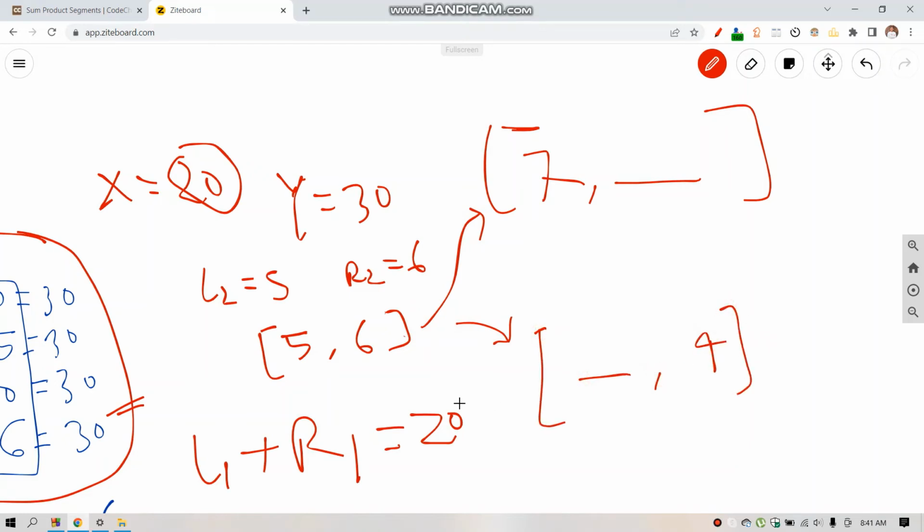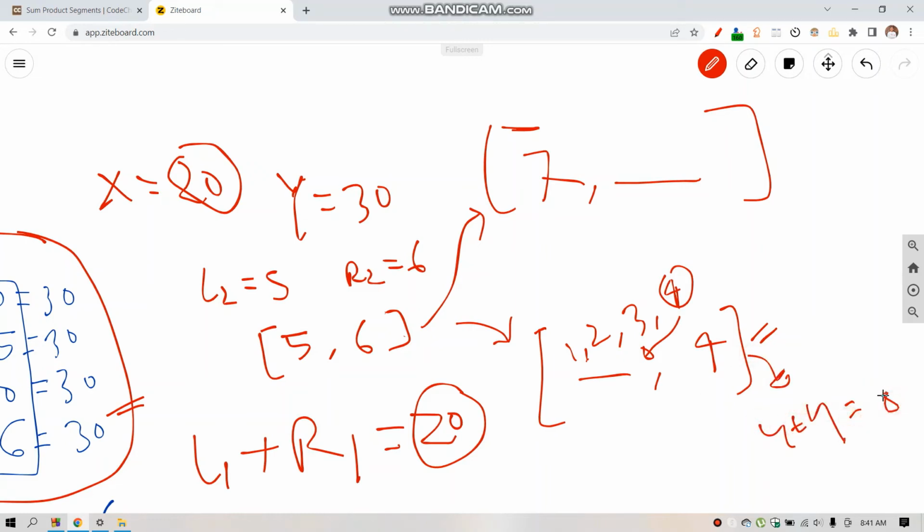Now as we have to make 20, we cannot take this segment, because the possible values here are 1, 2, 3 and 4, and if we put 4 here, the maximum possible value from this segment can be 4 plus 4, which is 8. So this is not correct.